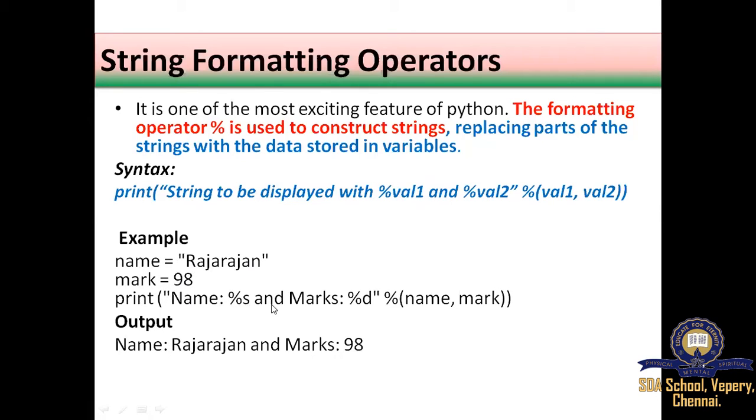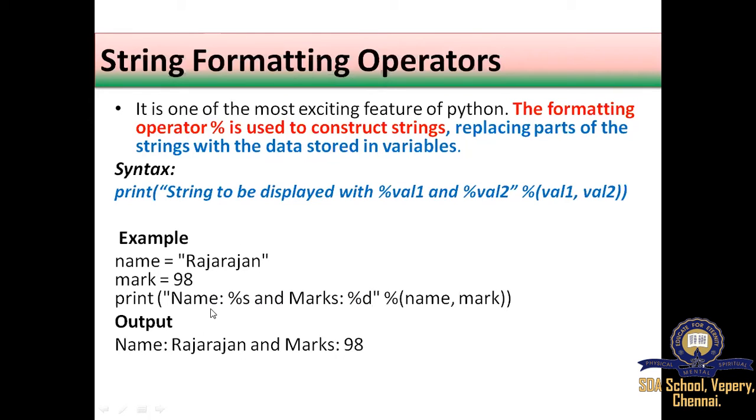Print name %s and marks %d. What is name here? A variable. Marks is also a variable. What will the formatting operator do? Replace parts of the string with the data stored in the variable.